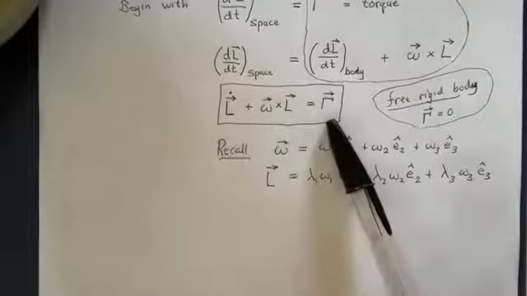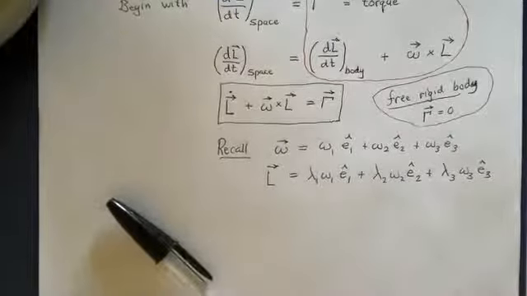And so you can see here, because this is a vector equation, it really encapsulates 3 individual equations for the 3 components. So this would be one way you can write out the 3 equations.